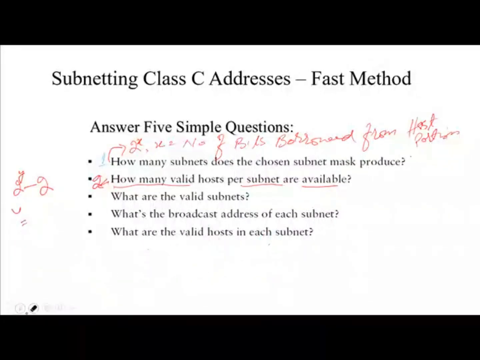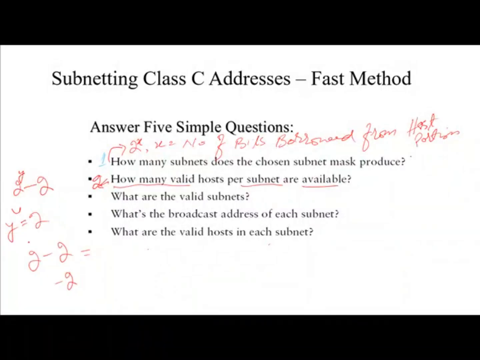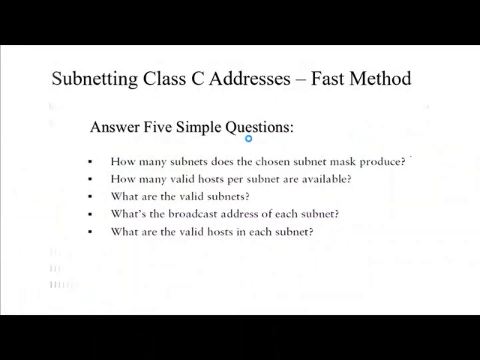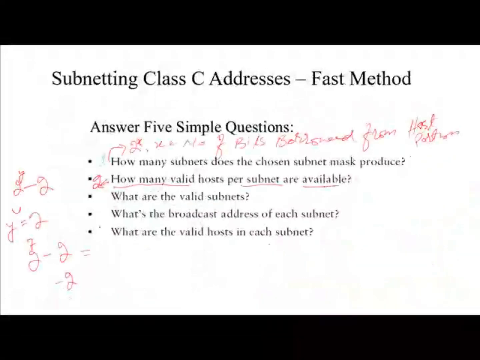It's not 2, the remaining bits are 7, not 2. How many bits are left in the host portion? So the y value will be 7, not 2.